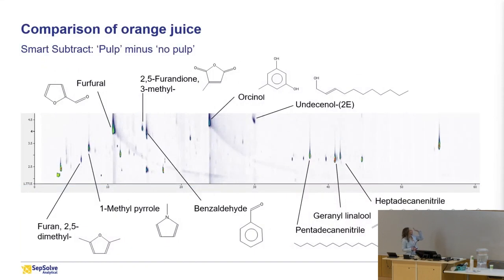Specifically, we can look at which compounds have flavor profiles. The furfural has a nutty, almond flavor. The dimethylfuran will have a coffee-like aroma, and the geranylacetone will have more of a floral flavor.